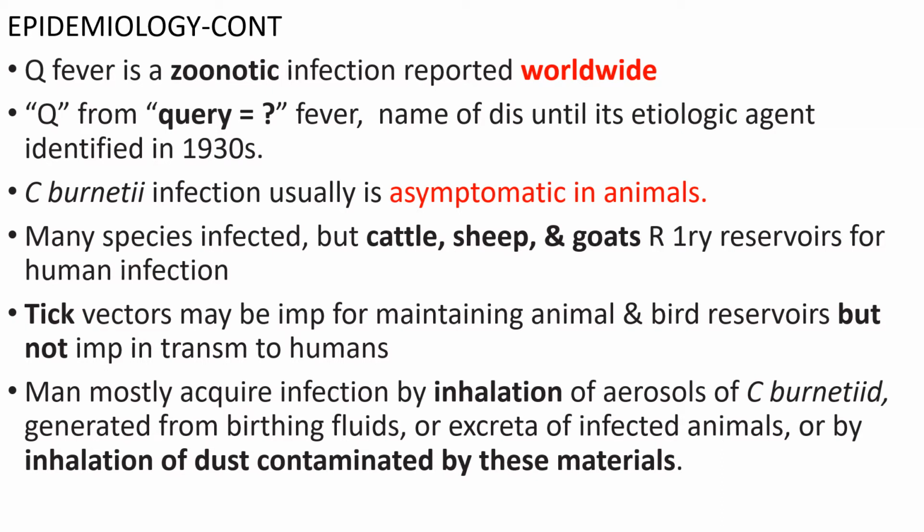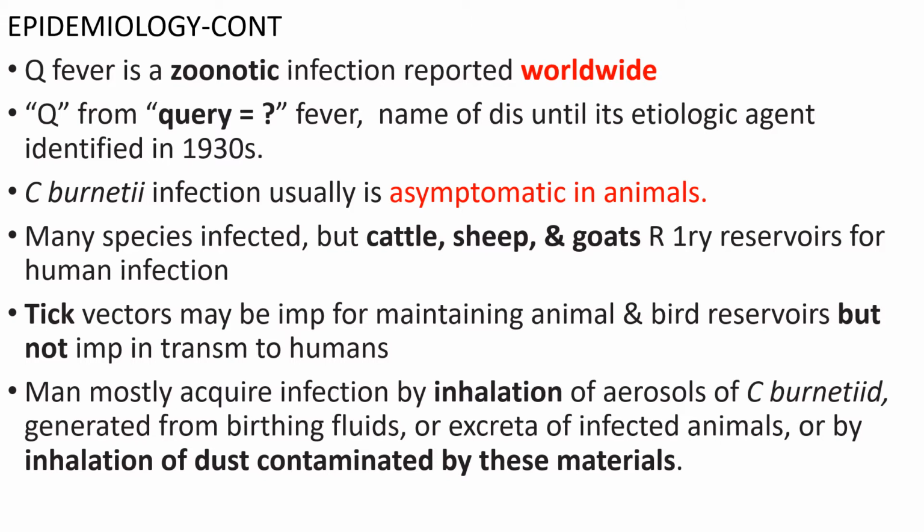Epidemiology. It is a zoonotic infection reported worldwide. Q stands for query fever, the name of the disease until its etiologic agent was identified in the 1930s. This infection usually is asymptomatic in animals.